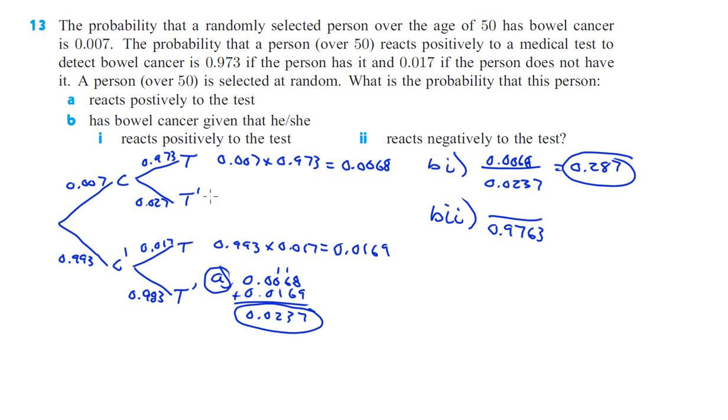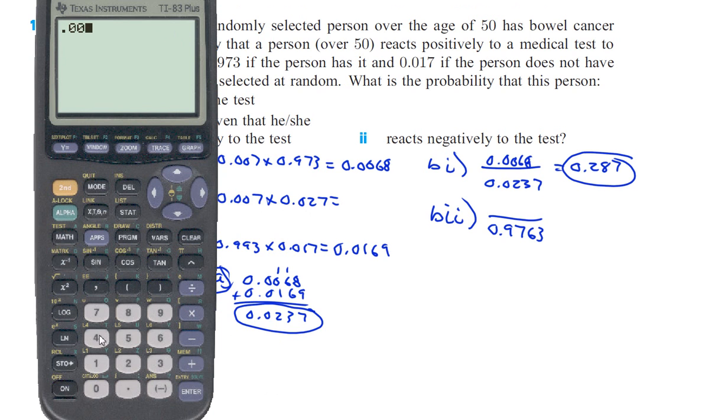And then how many of those that react negatively to the test have cancer? That's going to be this group here, negatively, that has cancer. So that's going to be 0.007 times 0.027. That's going to be a really small number.